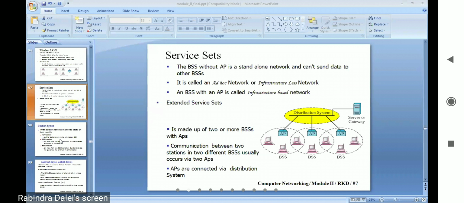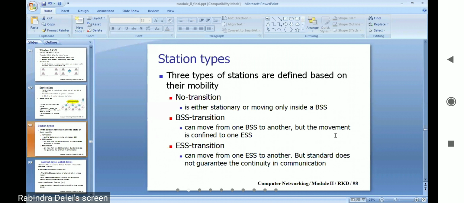And next we'll see what are the different types of workstation supported by this standard. There are three types of workstation defined by the standard based on their mobility. First, no transition. That means it is either stationary or moving only inside a BSS.